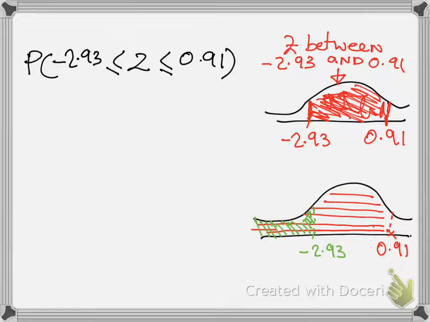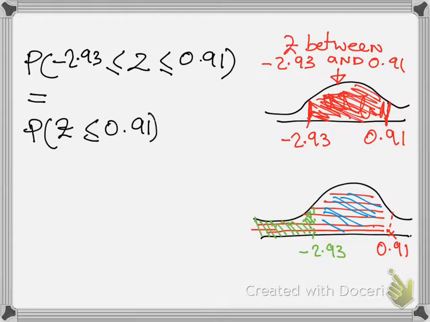So what's left is the area between negative 2.93 and 0.91. So the probability that z is between negative 2.93 and 0.91 is the area to the left of 0.91 minus the area to the left of negative 2.93.